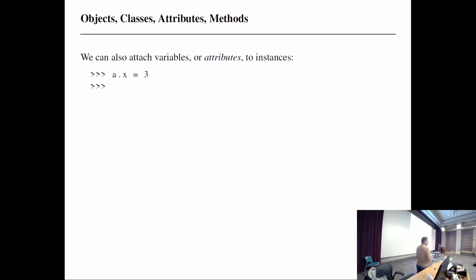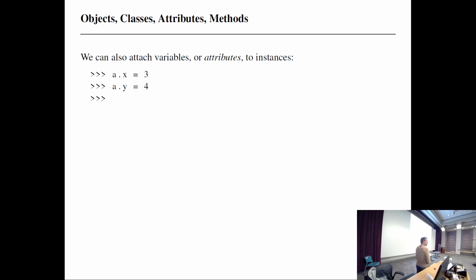Now I can attach variables to these instances. By using the dot notation, where this is an instance of type Foo, a.x equals 3 creates a variable called x that is associated with this instance of class Foo. So A has a variable called x associated with it.